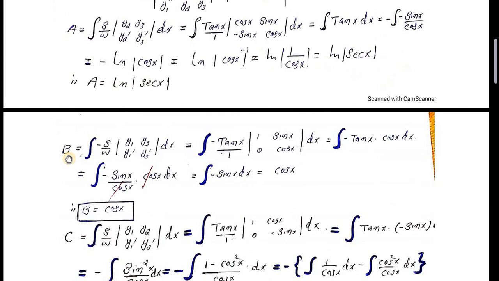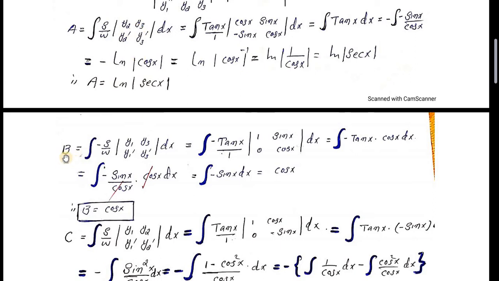Now the formula for function A, for function B, and similarly for C. Here we will take S over W, here we will take minus S over W, here we will do log of secant x. So to find the value of A, we take the integral of S over W, and we write the determinant by ignoring y1 which belongs to A, and we write the other two solutions y2 and y3.